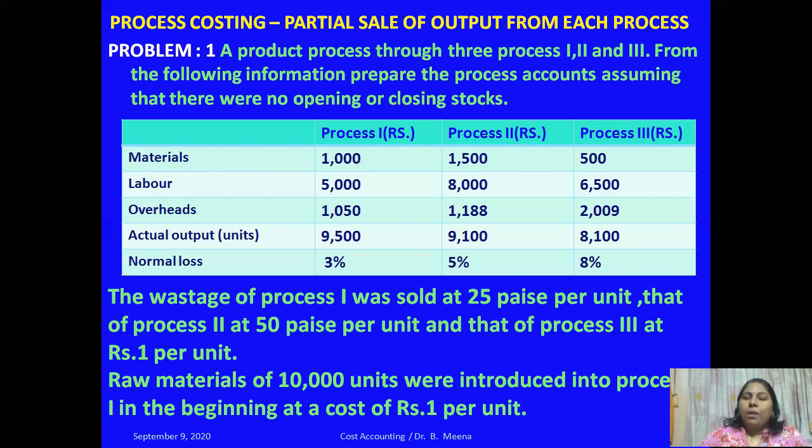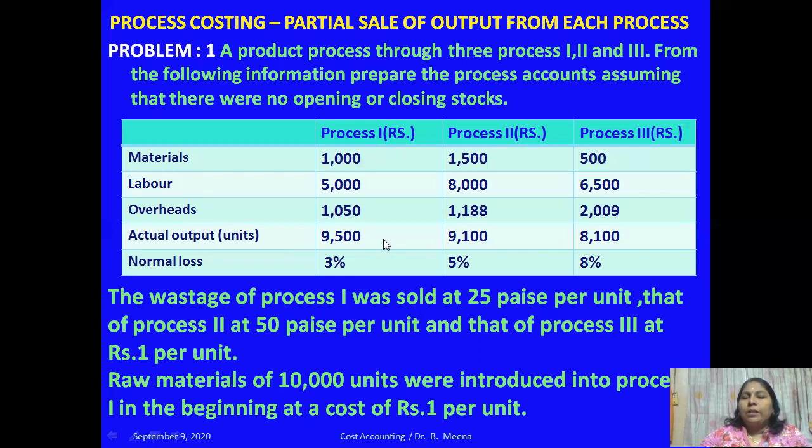As per this problem, we have three processes, process 1, process 2, process 3, and the respective expenses were given. The expenses are material, labor, and overheads, and for each process the output was given.